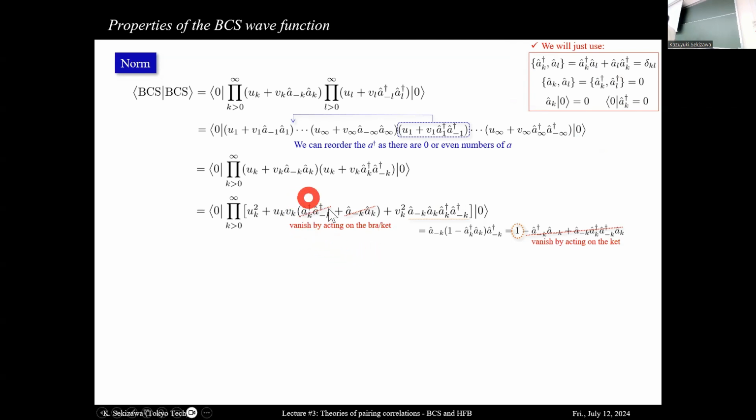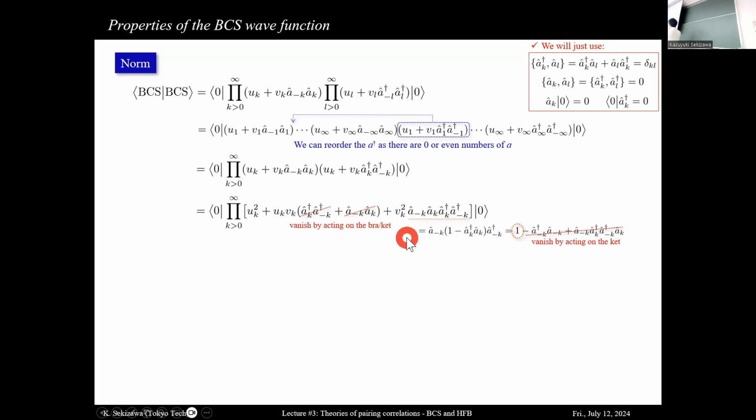For instance, here you find an A dagger, but you can operate this A dagger on the bra state, so it vanishes. In the same way, here you have the annihilation operator A, but it acts on the ket state, so it vanishes. So those terms containing UV will not remain here. What is remaining will be here.